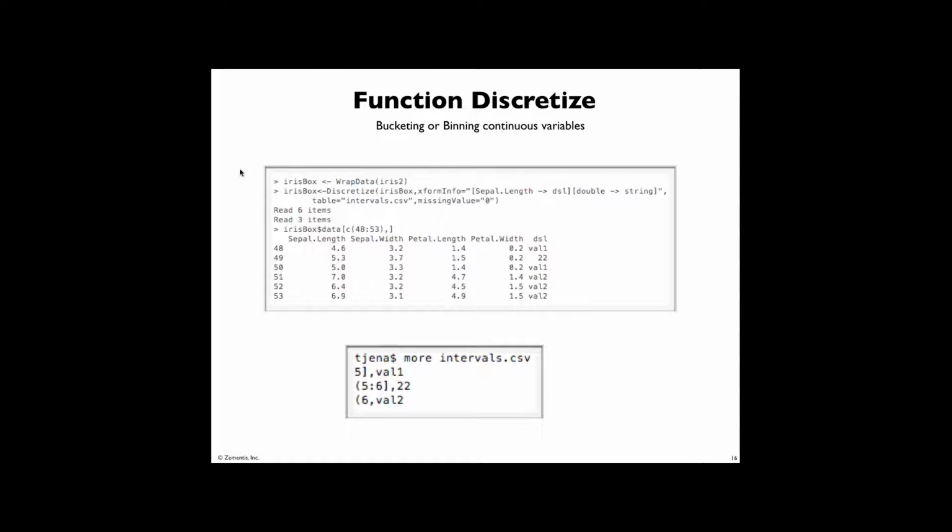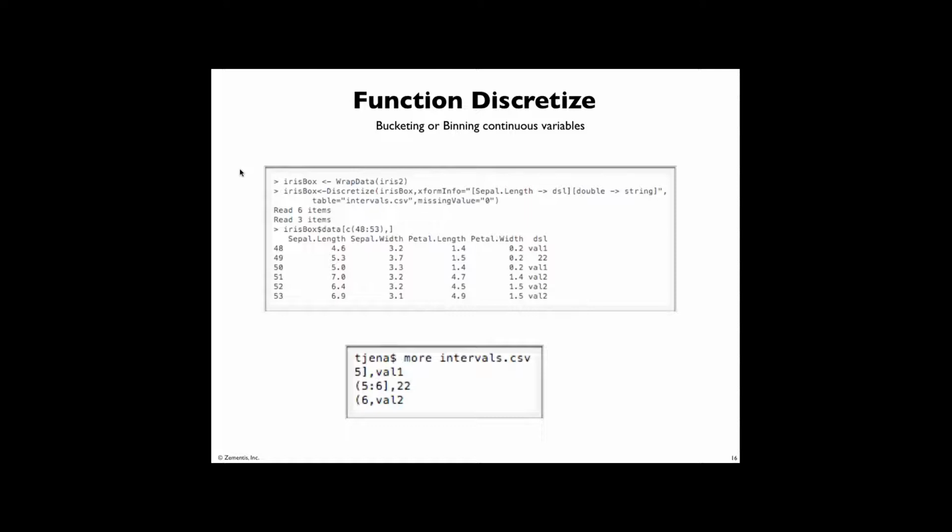And how exactly do we discretize it? Well, that's the information in the external table. In this example, intervals.csv, and what that would look like you see in the bottom. And the information is data range, comma, discretized value. So the first one says, well, the left isn't given, the left interval, so it's basically negative infinity.